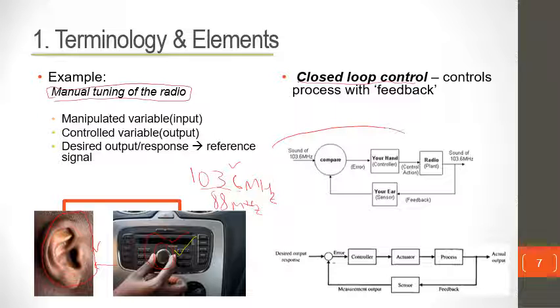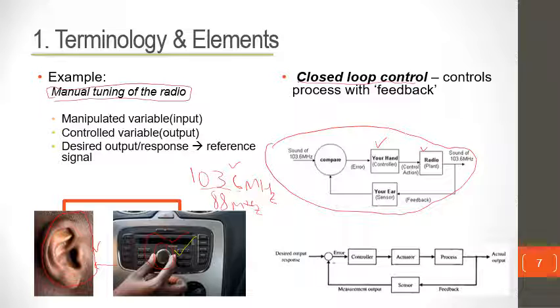Now, the whole system can be drawn as follows. So in this case, your hand would be the controller, and then the radio plus the knob that you're tuning would be seen as the plant or the process. Now, because you are tuning this radio, you are turning the knob.